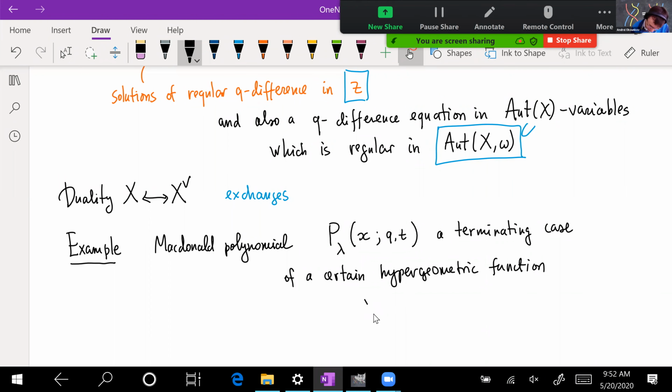Where you have to specify variables. So this has some variables, we call them A1 through AN, and you have to specify lambda, which was a partition, like Q to the lambda 1, T to the N minus 1, this sort of thing, Q to the lambda N. Then the series terminates.